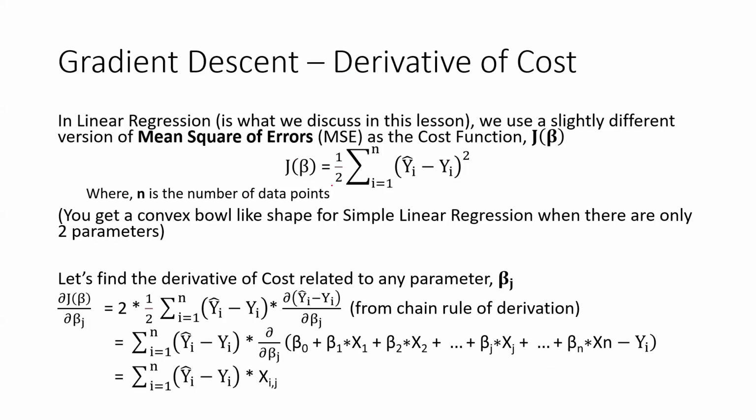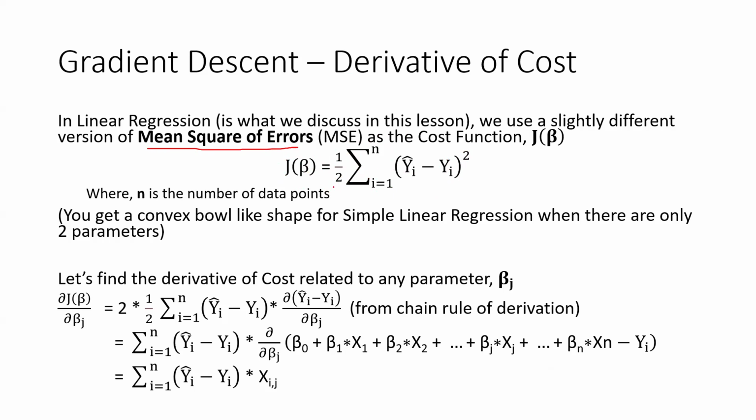So here you can see the cost, or the J beta, is taken like this. This is a variation of the mean square error. To get the J beta value, we take the error, square it, sum over all the data points, and divide by n.